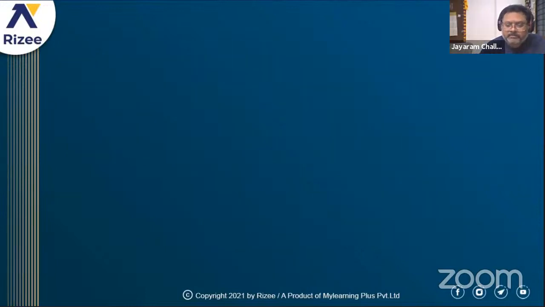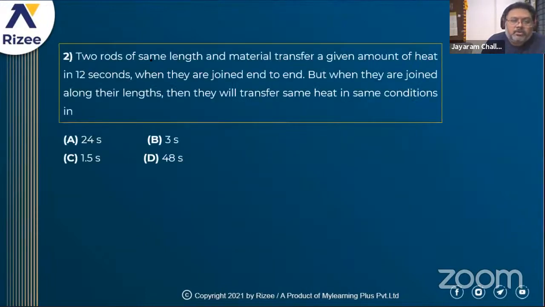Next, two rods are there of the same length. So L1 is equal to L2, and I'm taking the length as L. The material transfers a given amount of heat in 12 seconds.